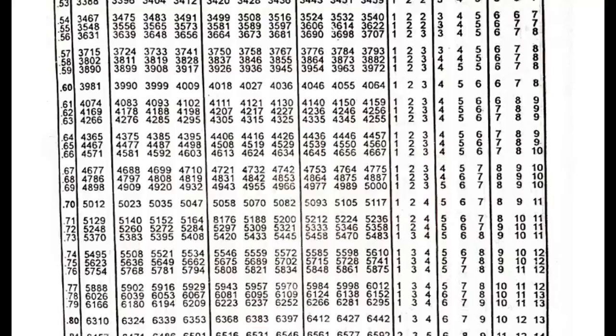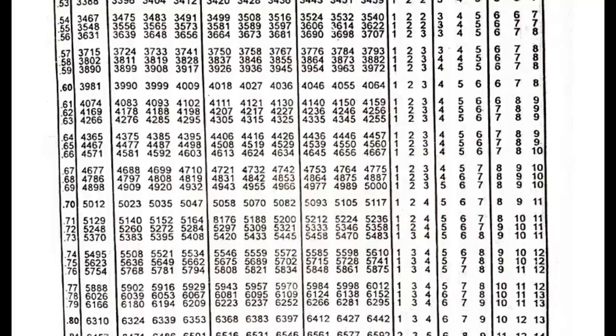Okay, sorry, it should be 6095. 0.78 under 5 is 6095. Difference of 4 from 6.